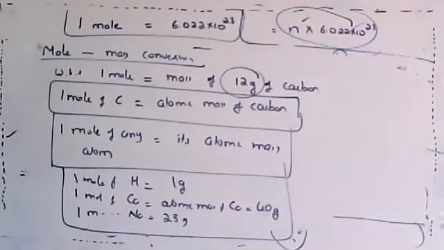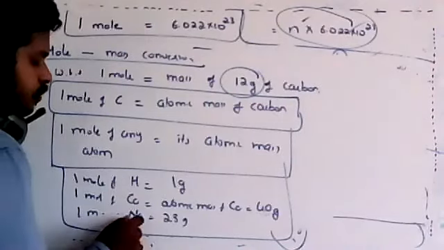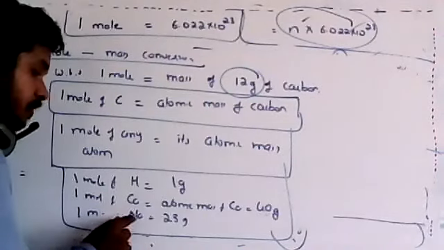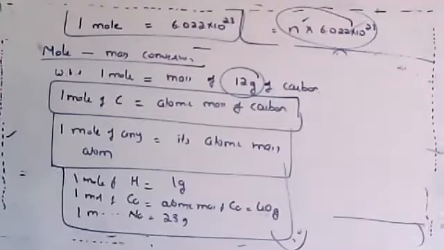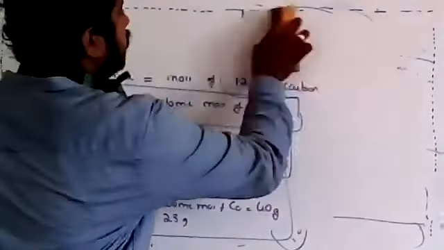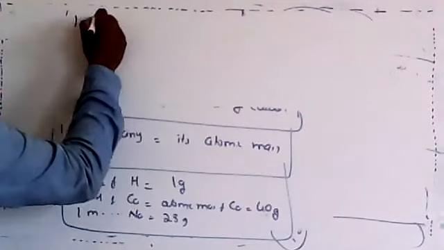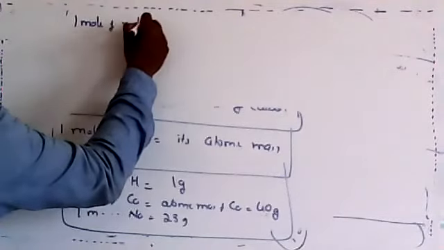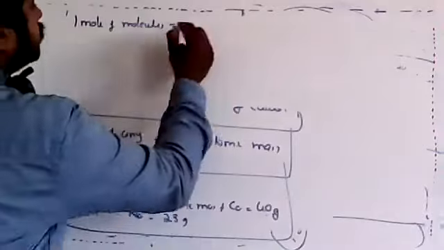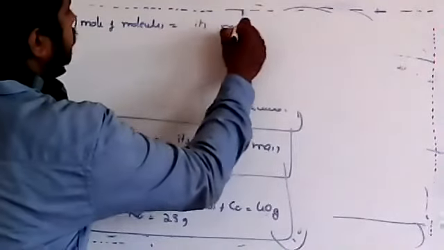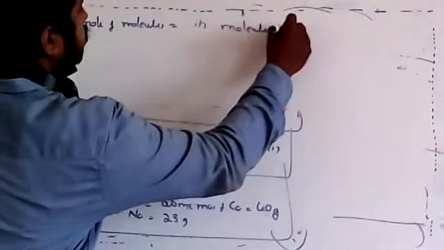Not only for the atoms, I can consider it for the molecules also. So how can I consider? I can consider in this way, that 1 mole of molecules will be equal to its molecular mass.